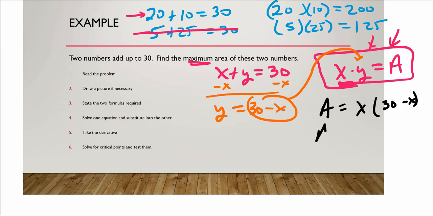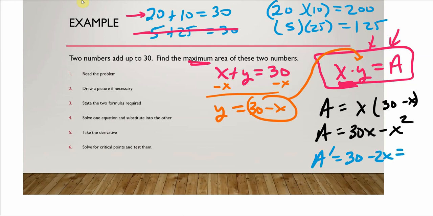If I distribute, I'm going to end up with 30x minus x squared. And this is my area in terms of one variable. So what I want to do now is take the derivative because I want to find the maximum area. So A prime is going to equal 30 minus 2x.